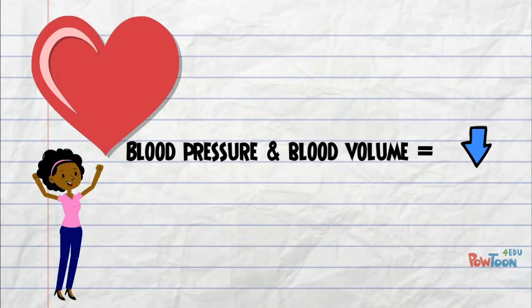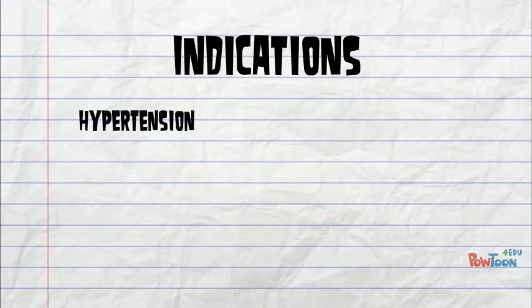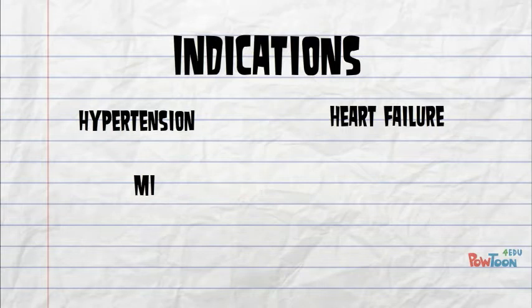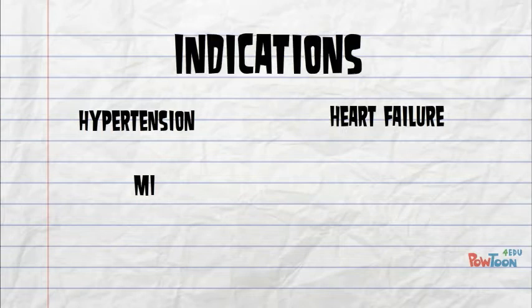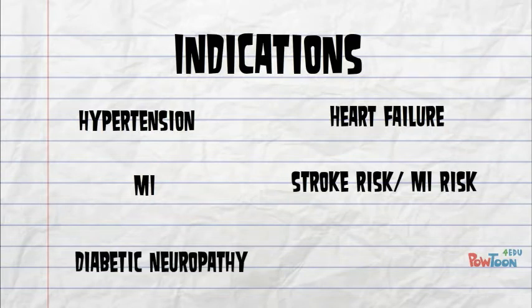Because of this lowering blood pressure effect, patients with history of hypertension, heart failure, and myocardial infarction are commonly prescribed ACE inhibitors. Other uses for ACE inhibitors include patients at risk for stroke and myocardial infarction and patients with diabetic neuropathy.